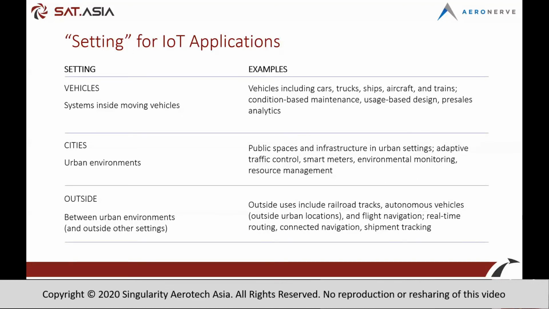Next setting is vehicles, especially logistics, your own vehicle or your company's vehicle, and supply chain management.